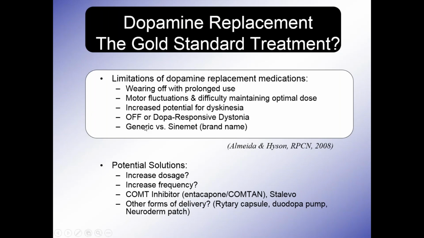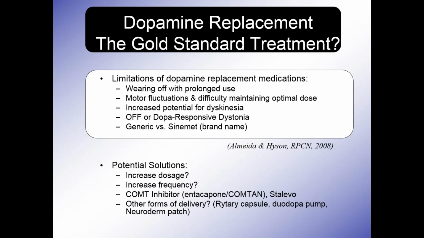In the last little while, there has been this issue with generic carbidopa-levodopa, which most patients with Parkinson's are taking right now because the brand name Sinemet happens to be in shortage right now. There are some people that report that the generic version of dopamine replacement isn't as effective.